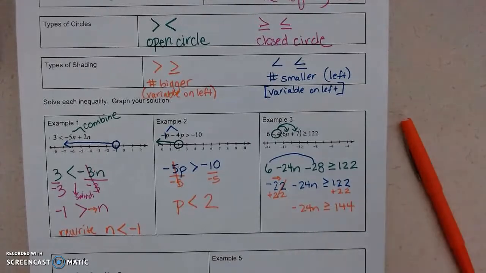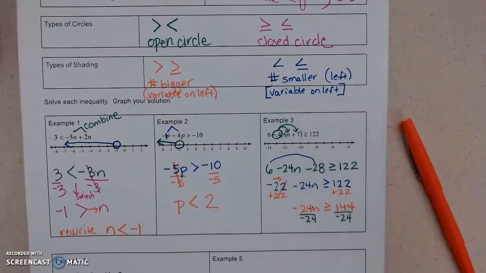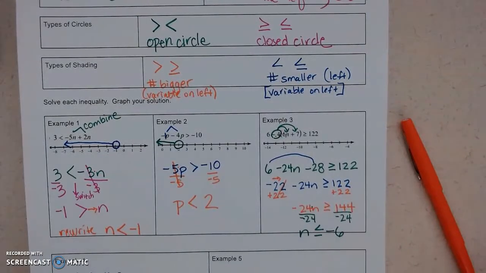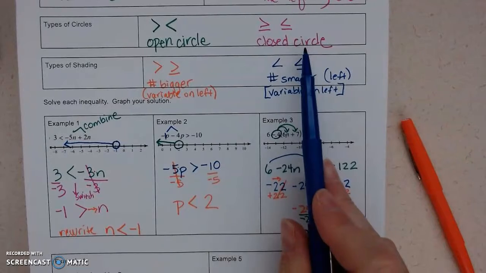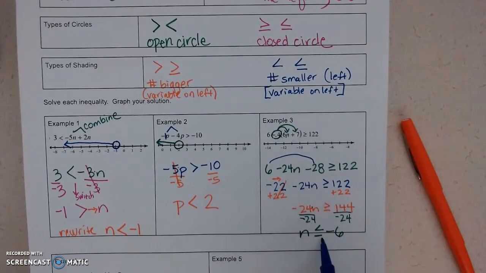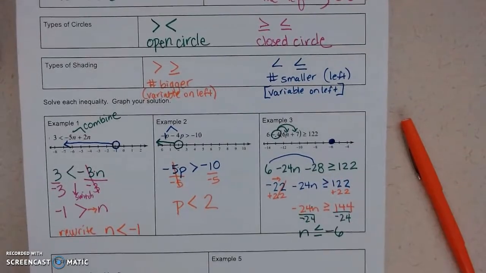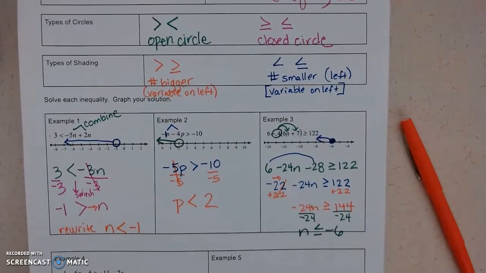And then my last step, those are being multiplied, so I want to divide both sides by -24. So 144 divided by -24 is -6. I did divide by a negative, so I reverse my symbol. Now, because I have the bar, that's going to be a closed circle because I can include -6 as one of my answers. So I go to -6 and I just fill that circle in. And then this is also less, so I'm going to shade to the left.